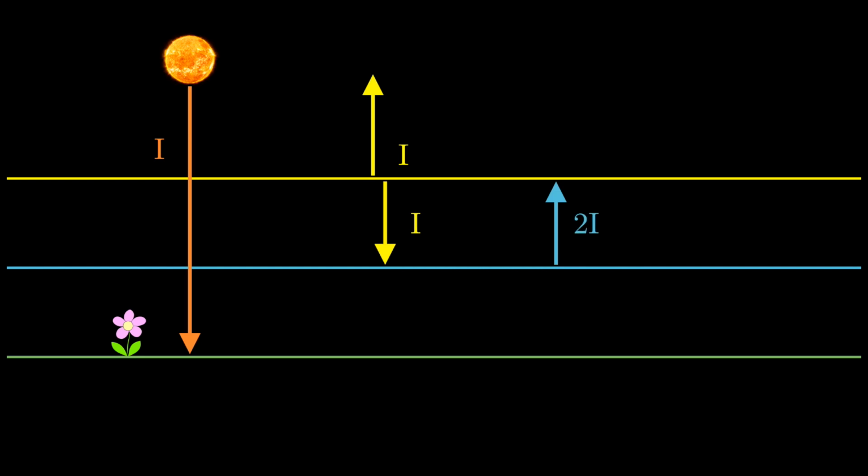To remain in balance, the blue line has to radiate 2 times I in the downward direction, which finally reaches the Earth. And finally, the Earth must provide an intensity of 3 times I upward to account for both the intensity reflected down from the atmospheric layer and the intensity directly from the Sun.